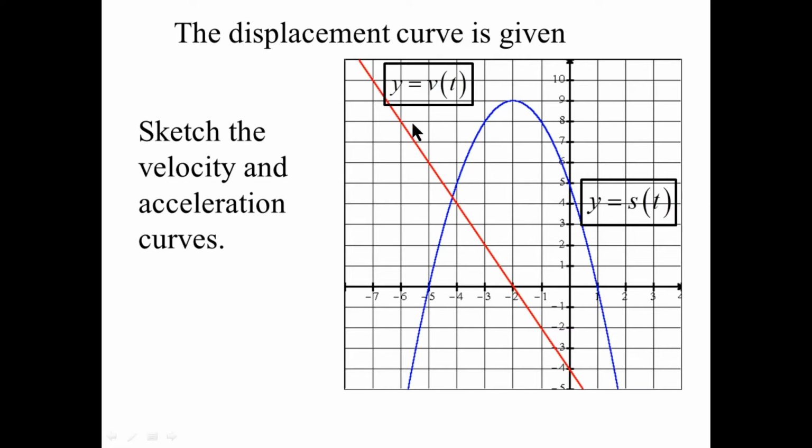And the acceleration curve will be the derivative of this velocity. So if this is y equals mx plus b, then its derivative is the slope, y equals m. And the slope is drop 2, run 1, so -2 over 1, so -2. y equals -2. The acceleration function, the green line.